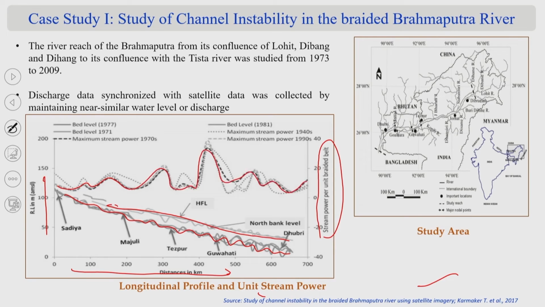It is quite interesting that the stream powers are varying, and that is what is varying from the 1940s to the 1970s and this one. So, the river tries to adjust.